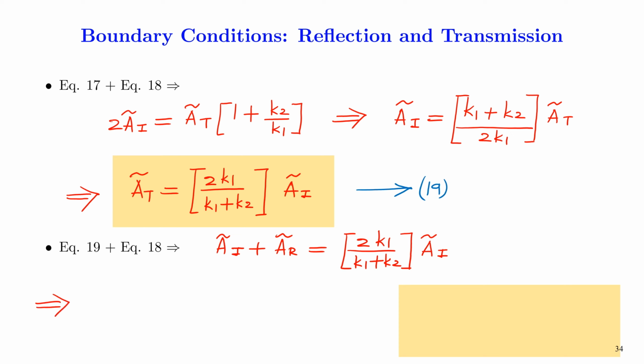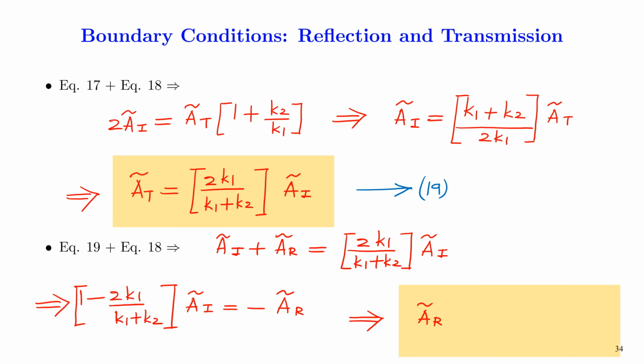From this, (1 minus 2K1 over K1 plus K2) AI equal to negative of AR. As we write AR in terms of AI, we have AR equal to (K1 minus K2) divided by (K1 plus K2) multiplied by AI.